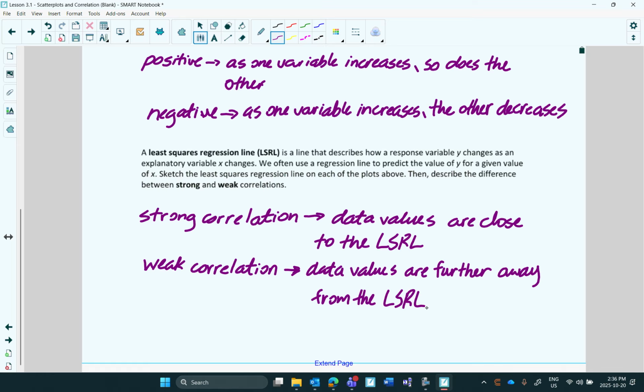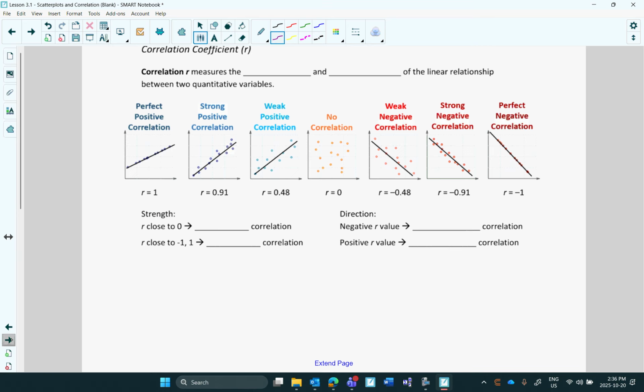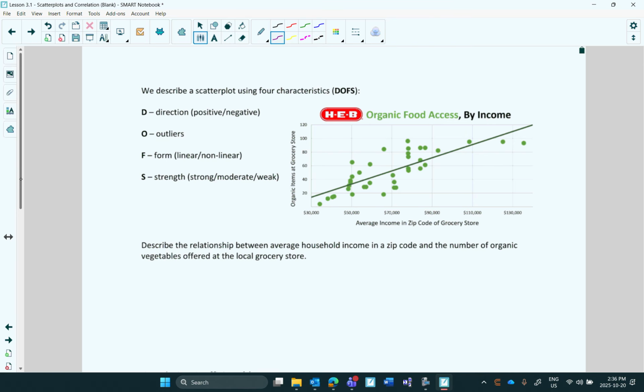So what is the quantity that we use to actually measure correlation? I'm jumping ahead of myself here, because we want to talk about certain characteristics of this least squares regression line. And here's another acronym, DOFS. That means we want to talk about the direction: is it positive?